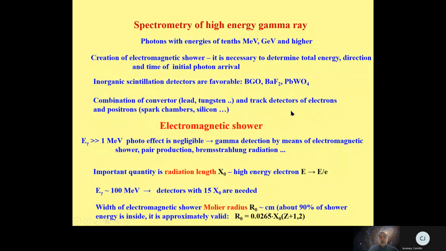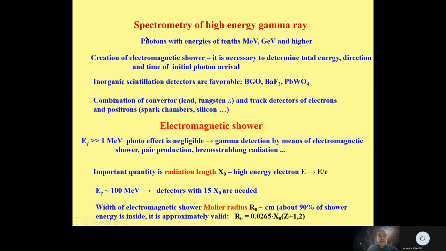Okay, the last part of this gamma detection and gamma spectrometry is spectrometry of high energy gamma rays. That means photons with energy of many mega electron volts, up to GeV and higher.